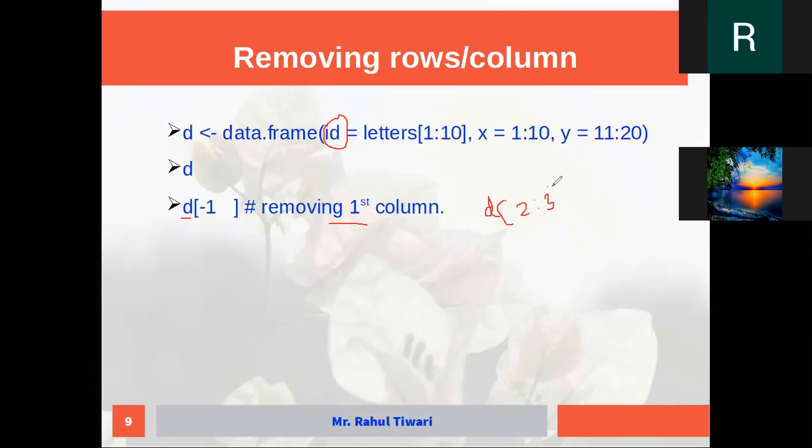What was my question? Drop first column. That means it will give me the second and third. But if I say remove first column, that means I actually want to remove the first column, which results in the same as dropping the variable.